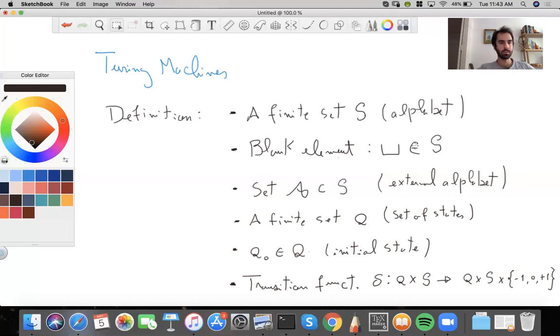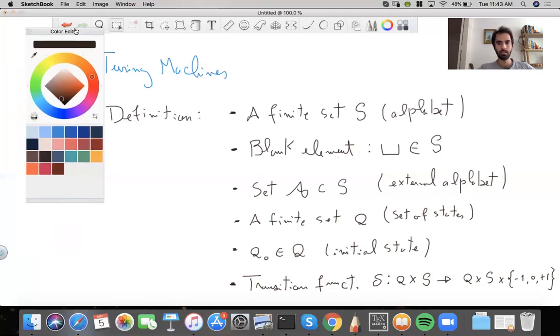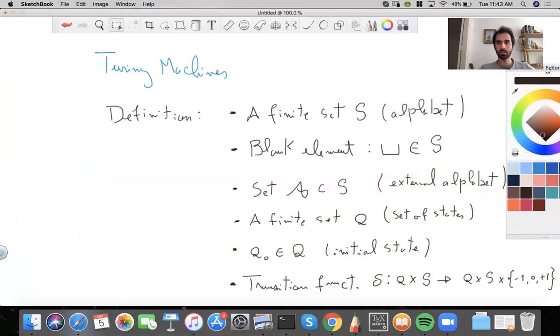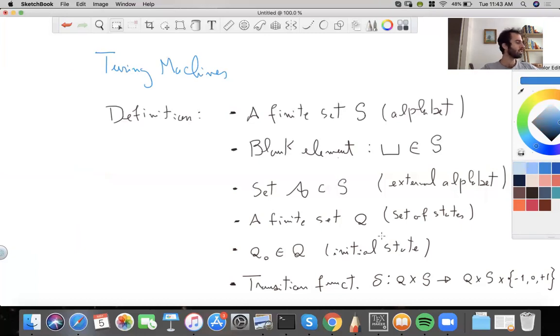So how does this work? Let's try to use the space here. Make a drawing. So let's look a little bit into more details. Okay, so some observations here. So the first thing is that there exist infinite Turing machines.